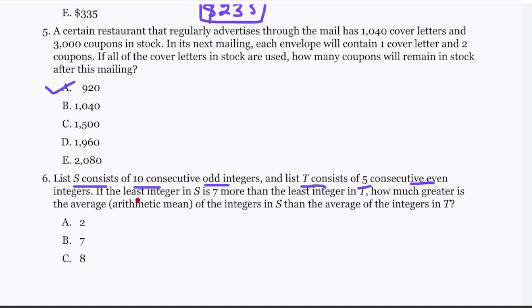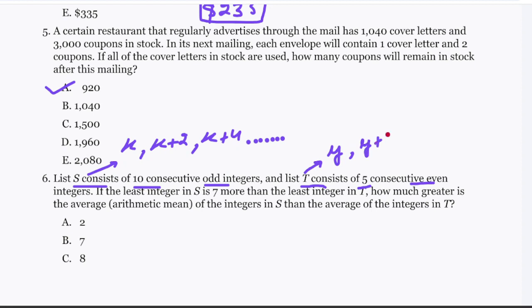If the least integer in S is 7 more than the least integer in T, let's say for S, I will take x, x plus 2, x plus 4, and so on. And for T, the even integers, let's take this as y.